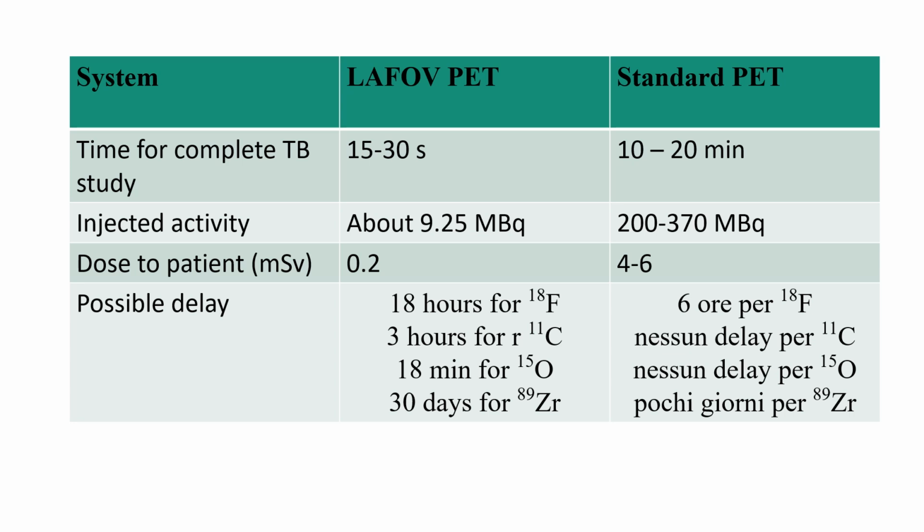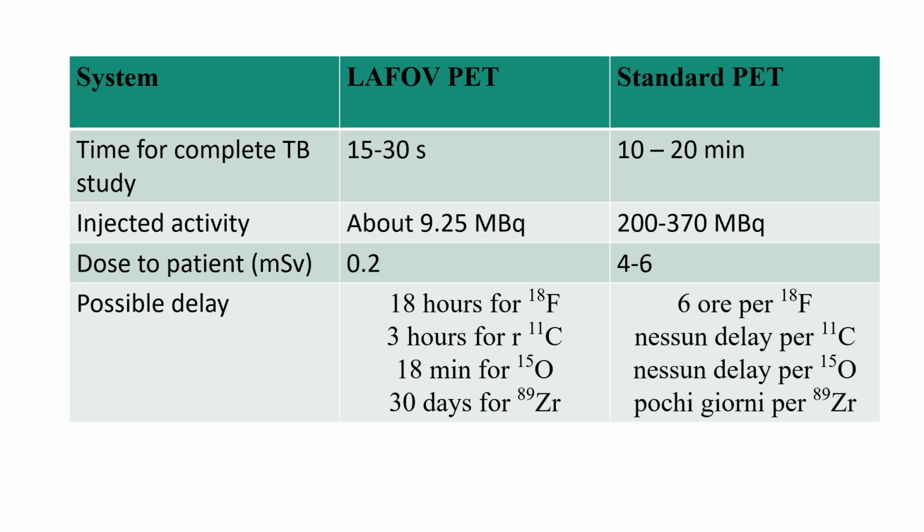The injected activity is much less for the total body PET, about 10 megabecquerels compared to 200 to 700 megabecquerels. So the corresponding dose to the patient is decreased. We are speaking of 0.2 millisievert.